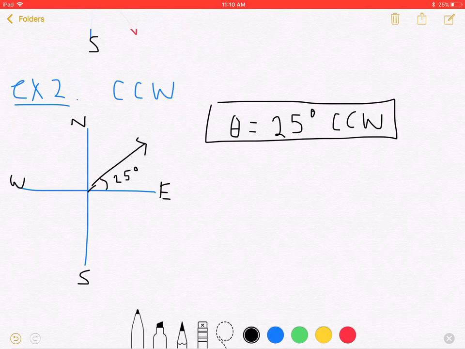Okay, so now let's take these same two vectors from example 1 and 2 and apply the nearest axis convention to describe theta.